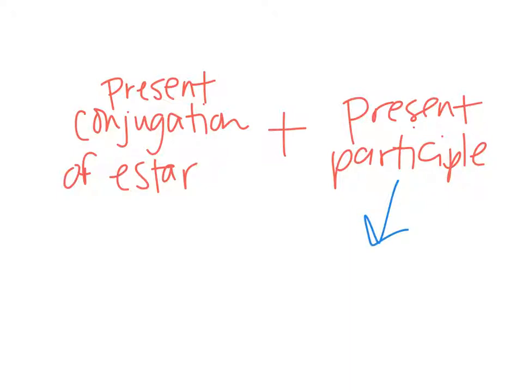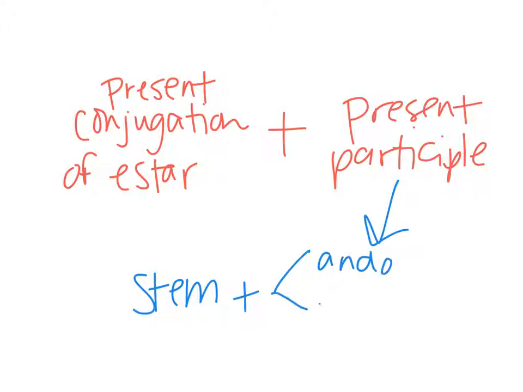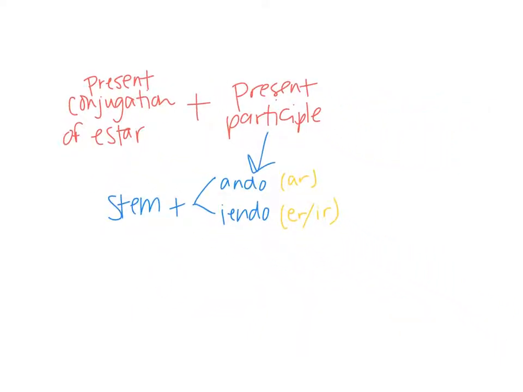A present participle, you take the stem of the infinitive and then you add either ando or yendo, okay? You would add ando for verbs that end in AR and yendo for verbs that end in ER or IR. So that would look like this.